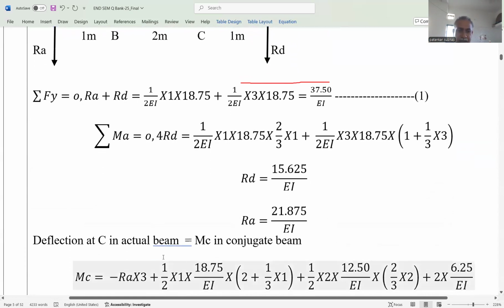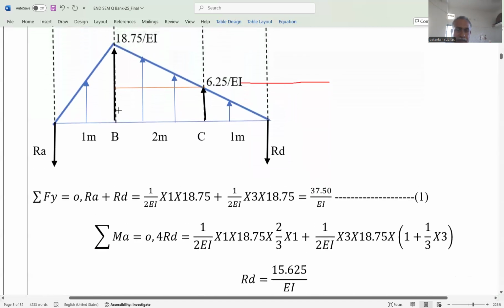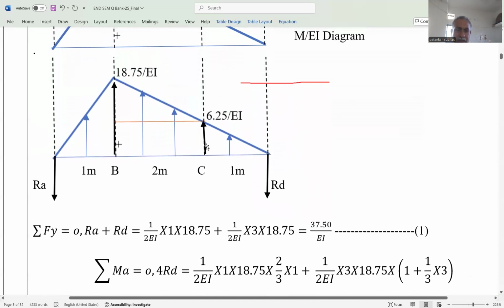So the deflection at C in the actual beam, the original beam, is equal to the moment at C in the conjugate beam. This is the conjugate beam loaded with the M by EI diagram. For the moment, either we can start from this side or from this side.